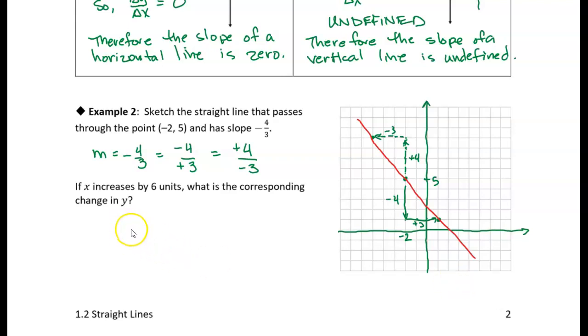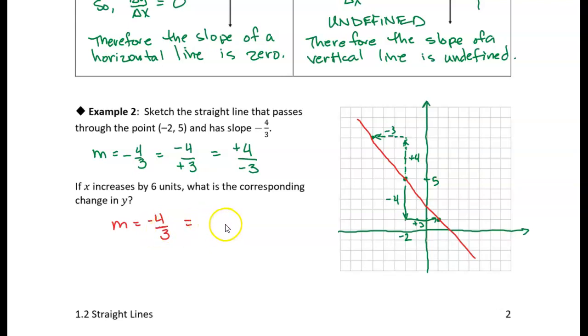It says, if x increases by 6 units, what is the corresponding change in y? All right. So, well, I know that the slope is -4/3. So any ratio of the change in y to the change in x is going to reduce to, be equivalent to, -4/3.